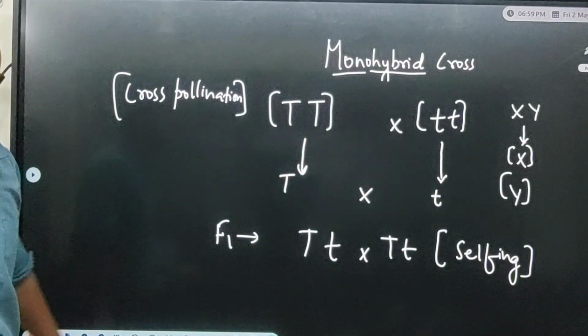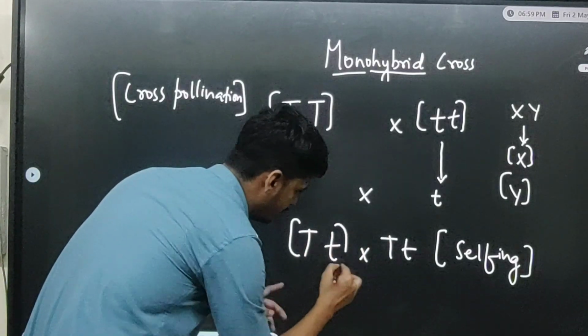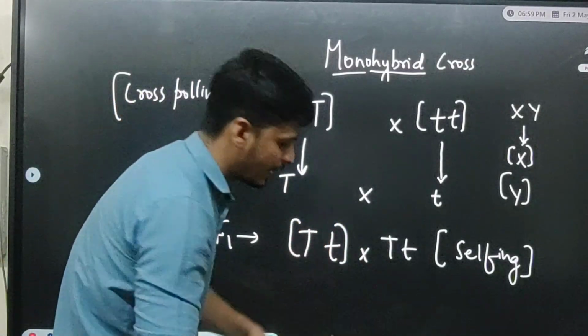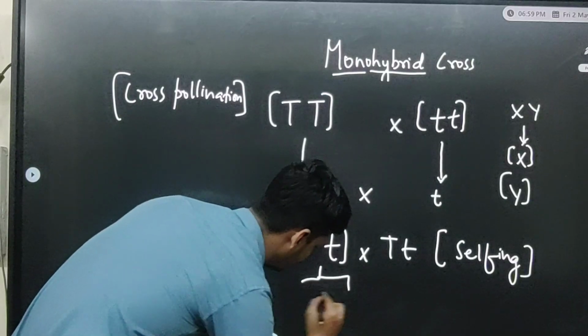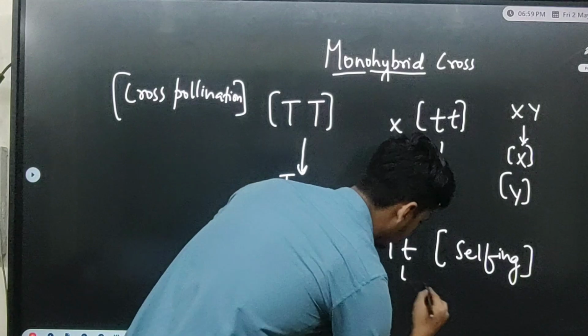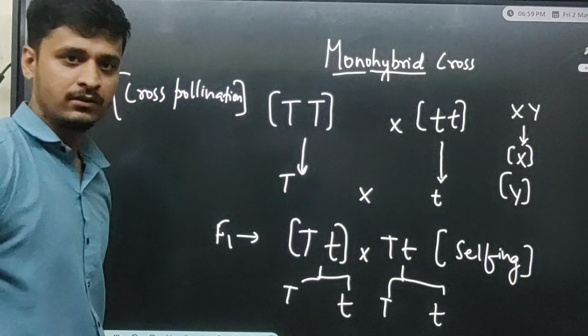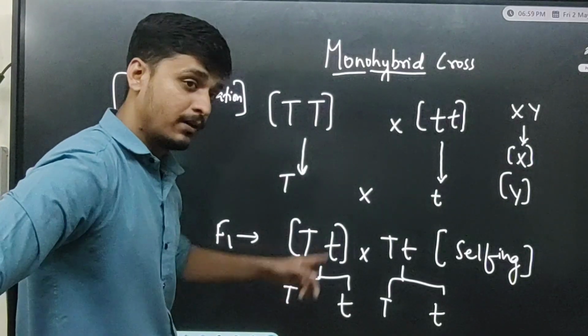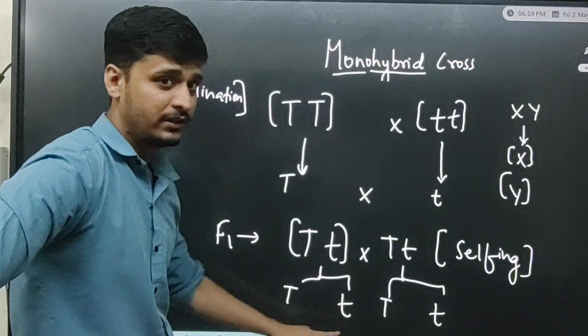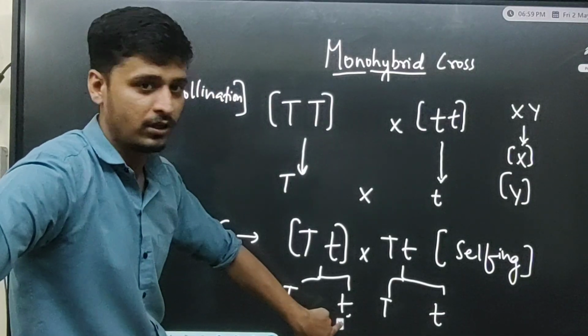Okay, right? So after selfing, this parent capital T and small t will again produce two types of gametes. One gamete will be capital T, one gamete will be small t. Here we will take both gametes because both the gametes are different, one is capital T and one is small t, right?